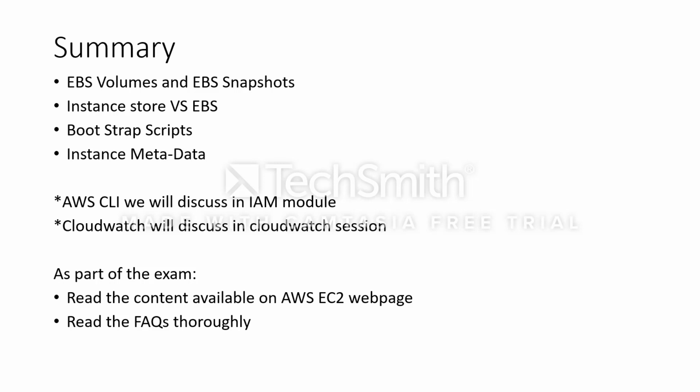These are some of the things we've seen so far in the EC2 module. AWS CLI we will discuss in the IAM module. CloudWatch we will discuss in a separate CloudWatch session. As part of the solution architect exam, read the content that is available on the AWS EC2 web page. Read the FAQs thoroughly. The white papers are again separate, so we will discuss that as well.